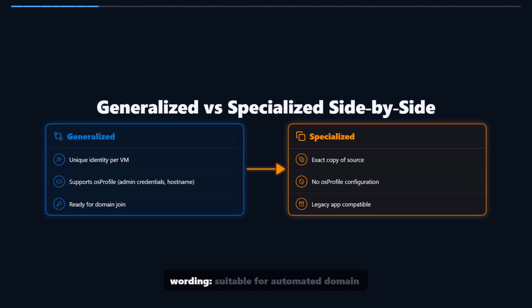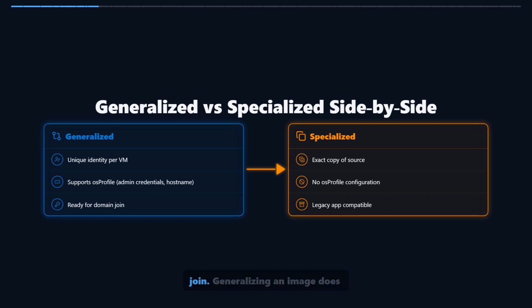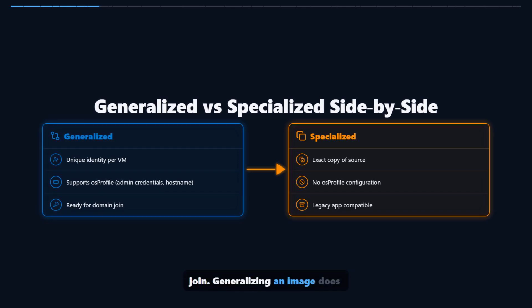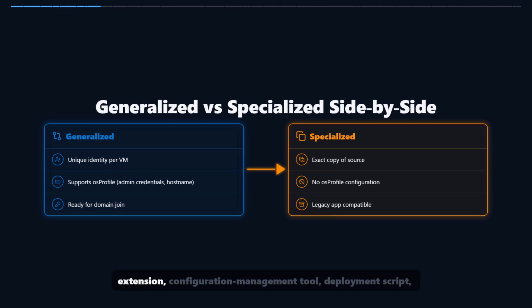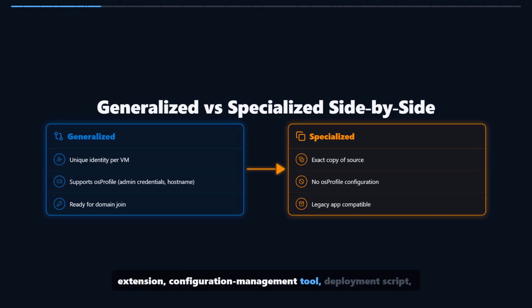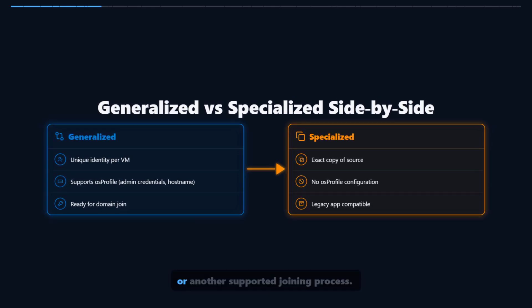Notice the wording, suitable for automated domain join. Generalizing an image does not join the new VM to a domain by itself. You still need a domain join extension, configuration management tool, deployment script, or another supported joining process.